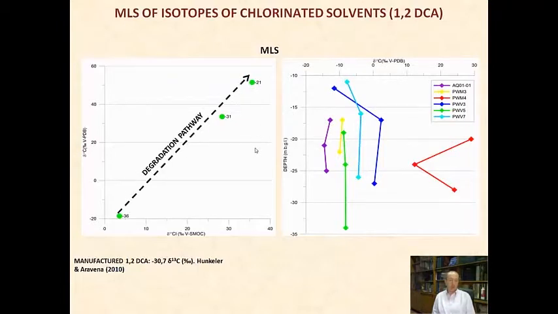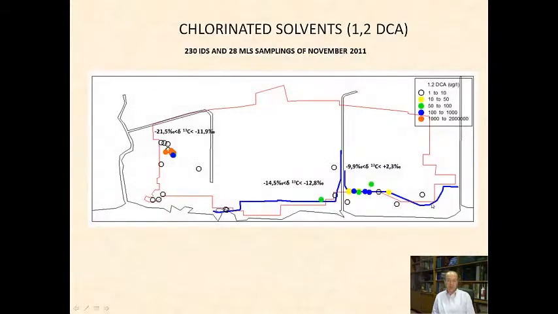So we can identify a degradation pathway from the deeper part to the shallow system, and also a degradation pathway from the down gradient area to the up gradient area. The groundwater close to the pumping wells has an enrichment factor and a degradation pathway very clear in terms of chlorinated solvents.